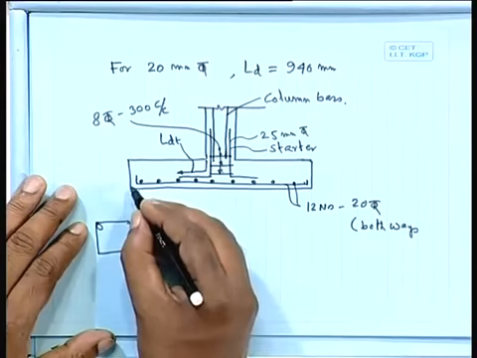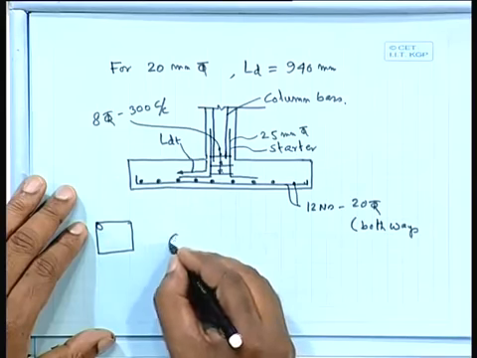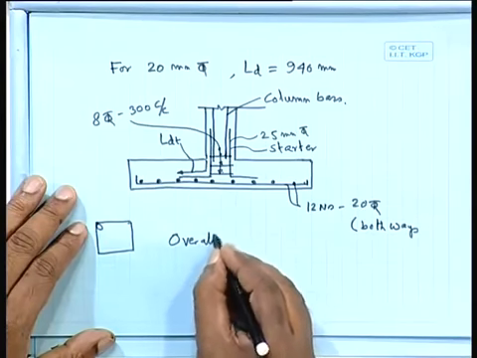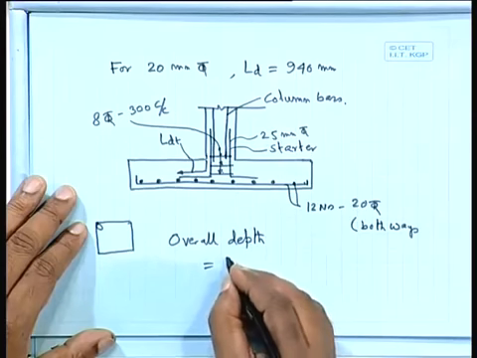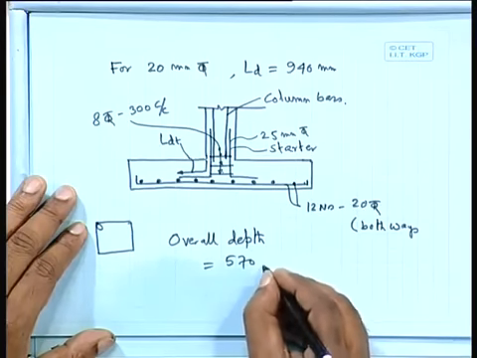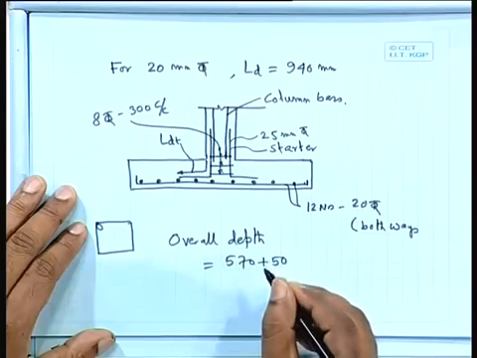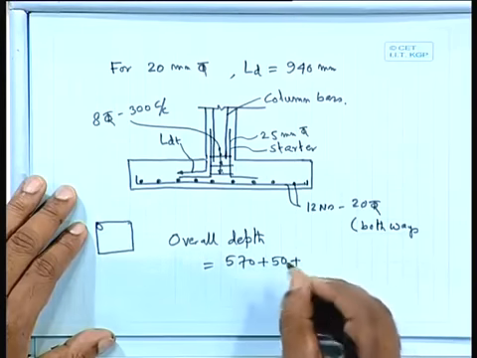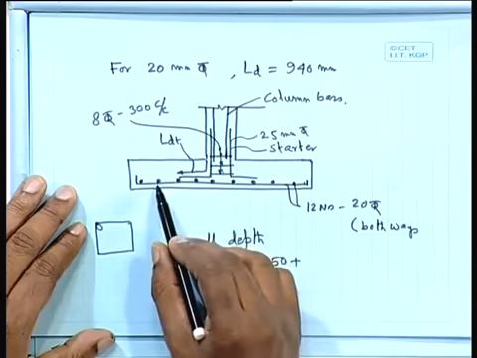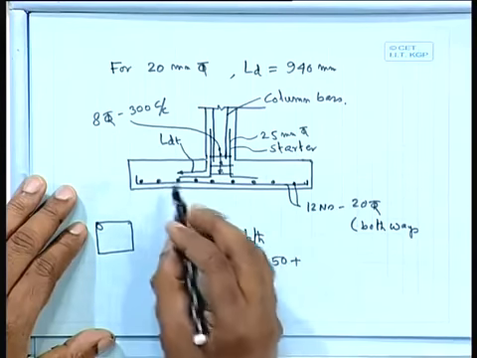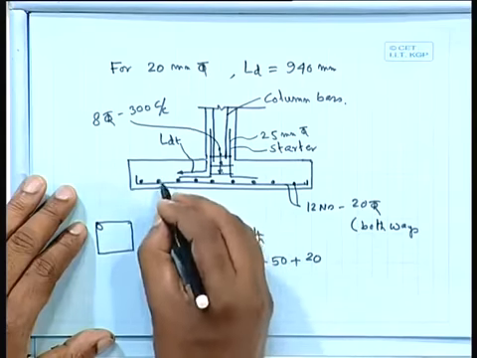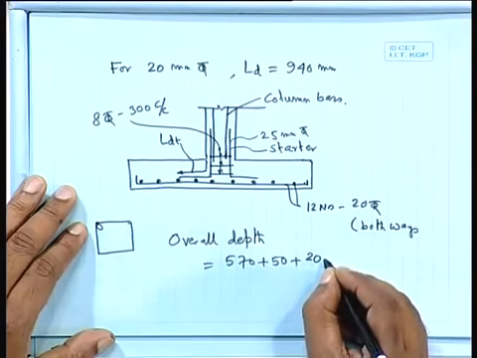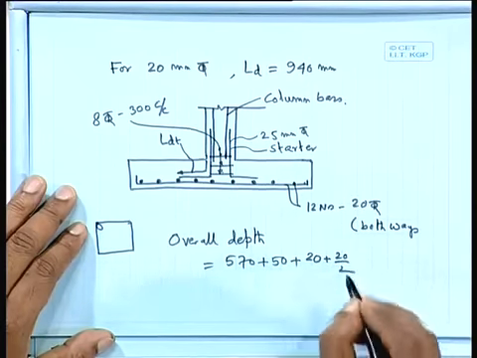And what about your overall depth? Overall depth equal to 570 plus 50 plus 20 plus 20 by 2.